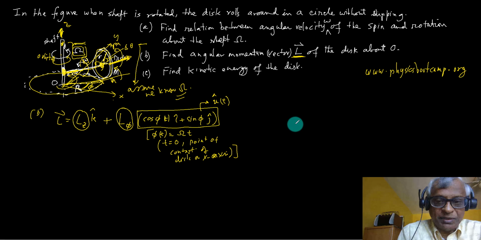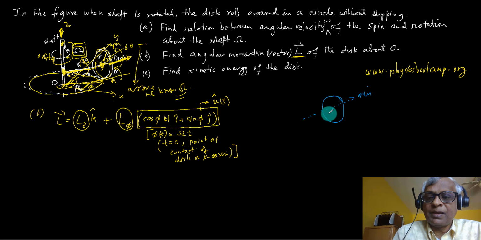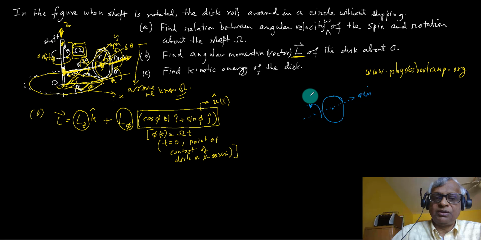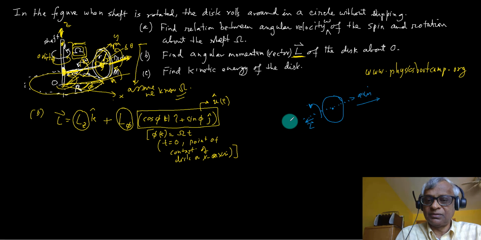So we'll have, in this direction, that's the axis of rotation, and it's rotating like that. So if the axis is pointed out and I'm going right-hand rotation, then this L is pointed in that direction.